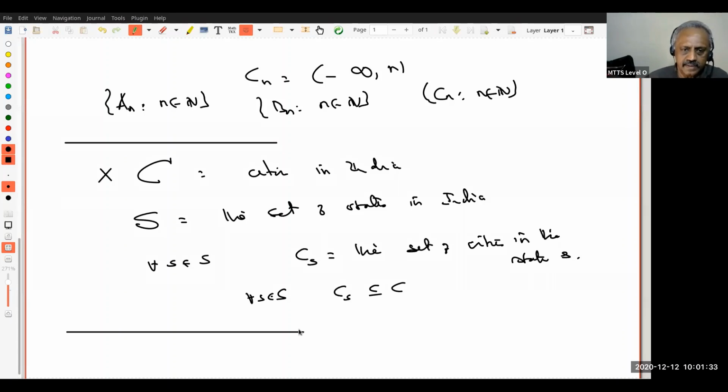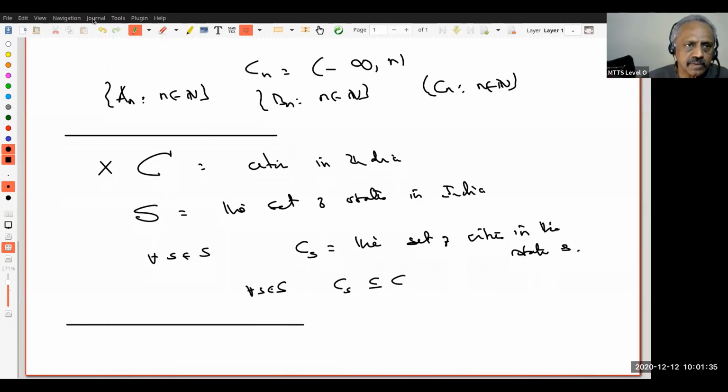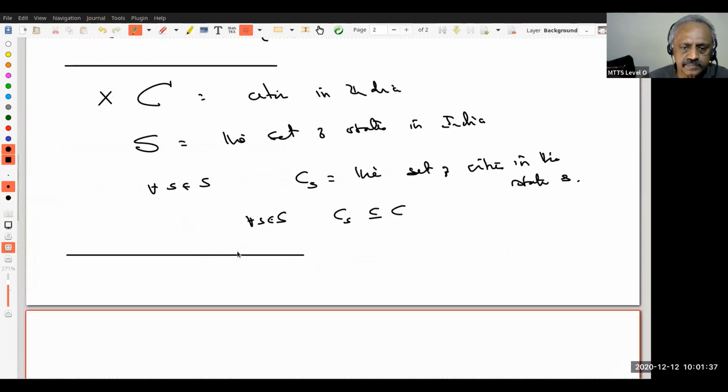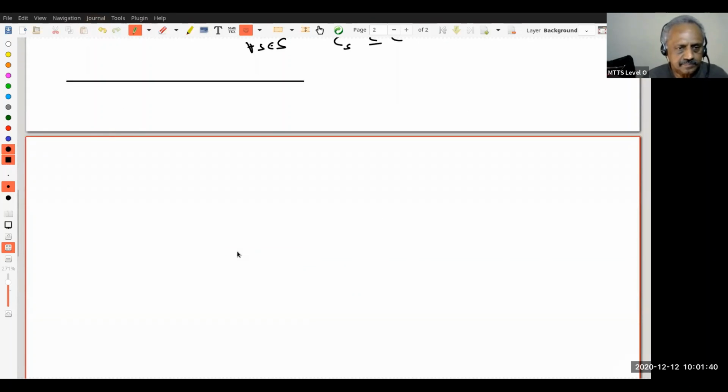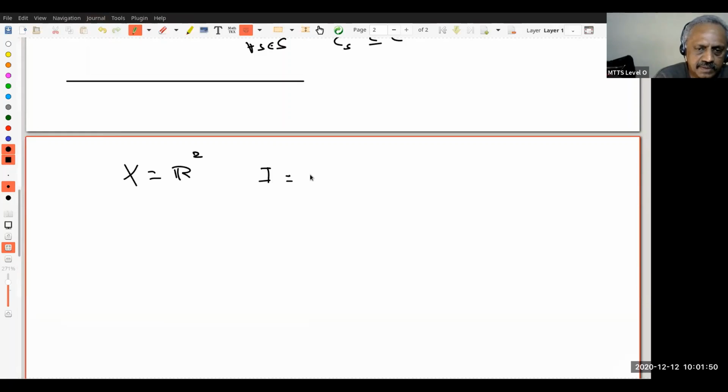Let us look at one more thing. Now let X be equal to R^2, and my indexing set equal to, let us say, R. For each real number t in I, which is R, I want to define A_t, which is a subset of R^2.